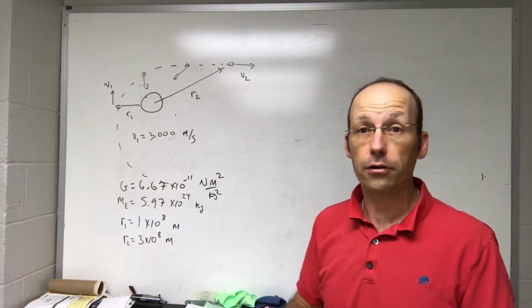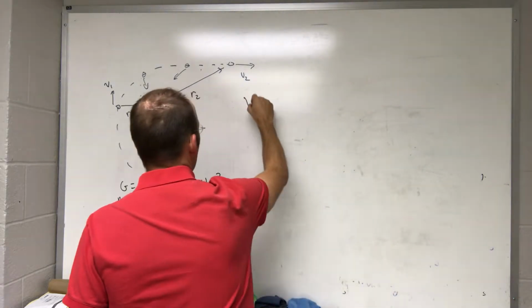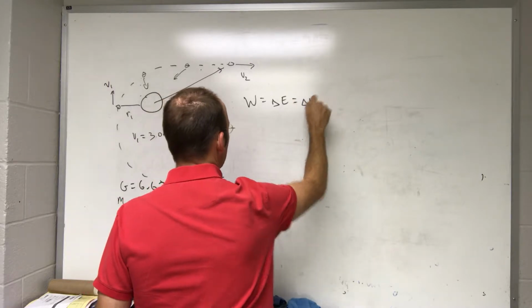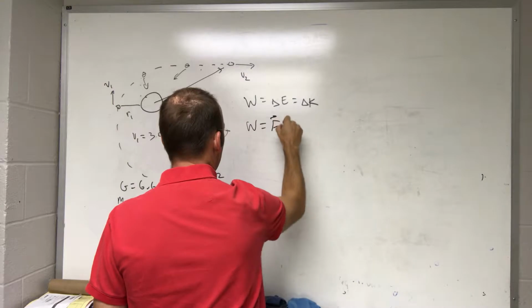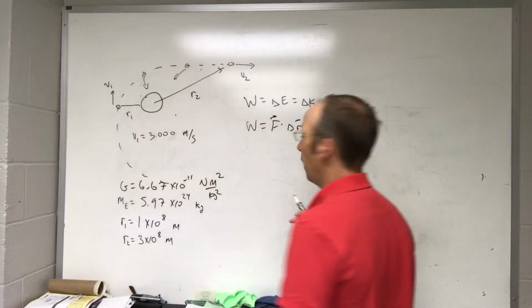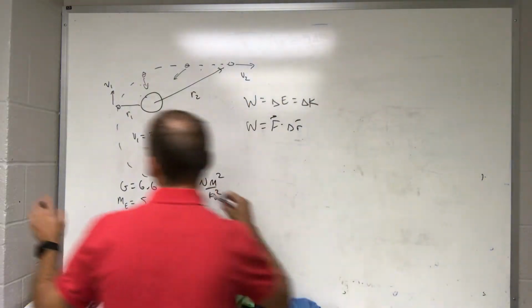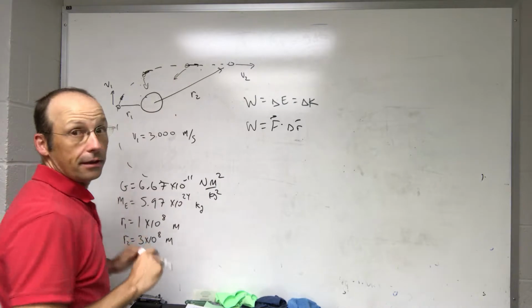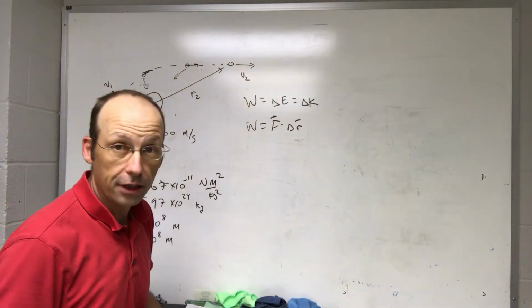So we need to use the work energy principle. Now, a lot of people say, okay, work energy, I know that. Work equals change in energy equals the change in kinetic energy, and work equals F dot delta R. That's not going to work, because again, delta R changes in direction, the force changes in direction, and the force changes in magnitude.